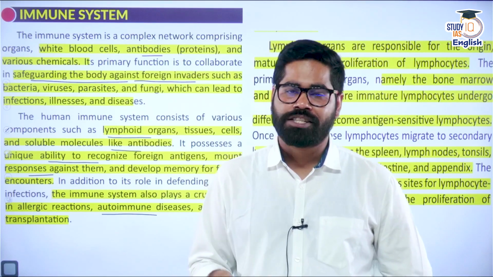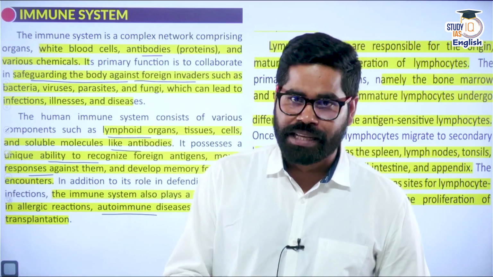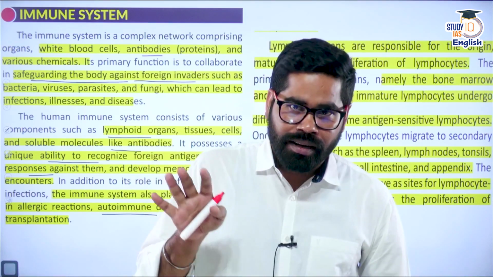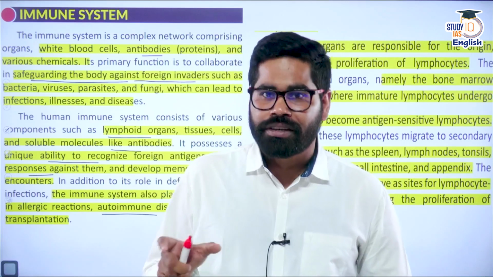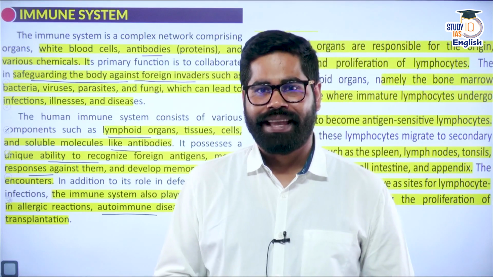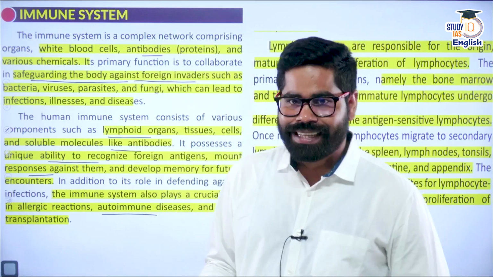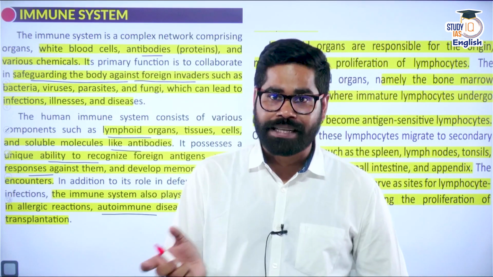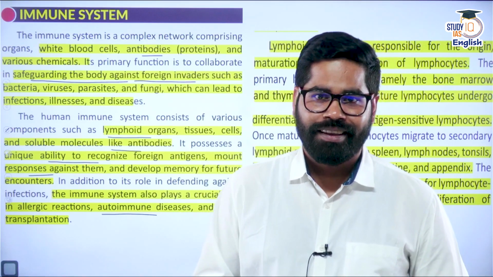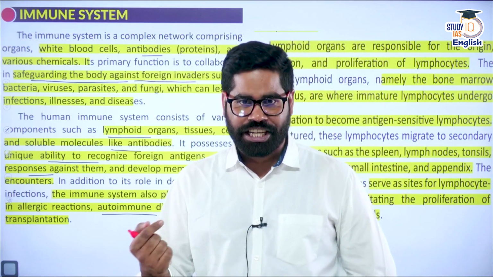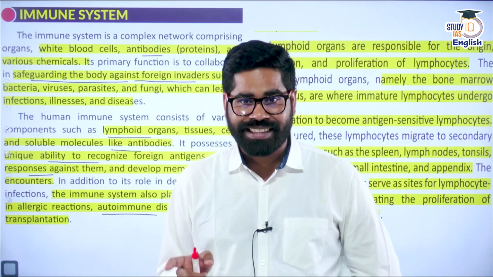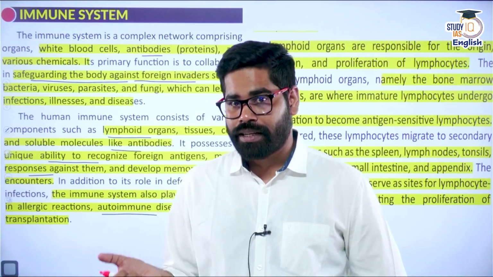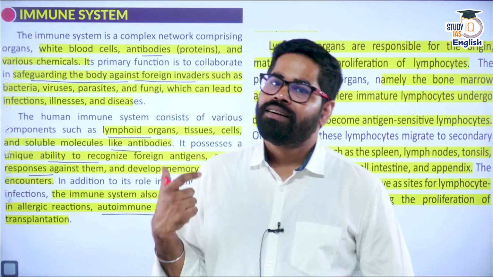Now the person has to depend on immunosuppressant medicines, the medicines which can depress or reduce the immune response of the body. So the person who has had the transplantation has to depend on immunosuppressant medicines also. Remember this one thing: if anything entering the body is a foreign substance, the body is going to react against it. That is one of the major critical factors of the immune system.